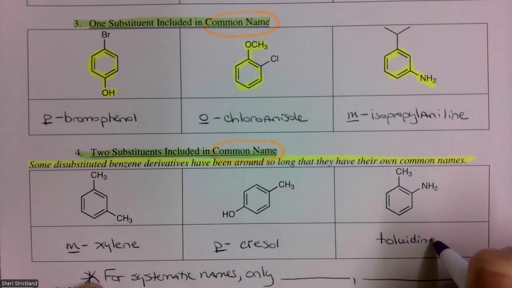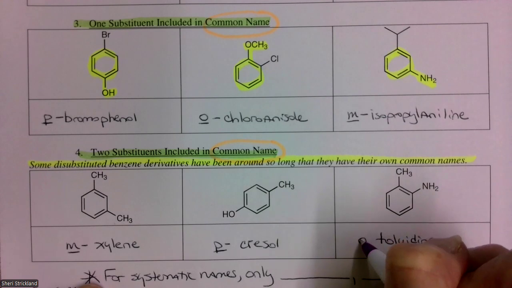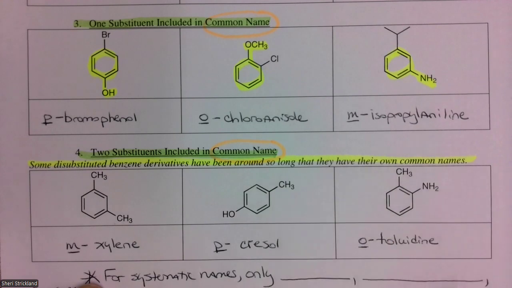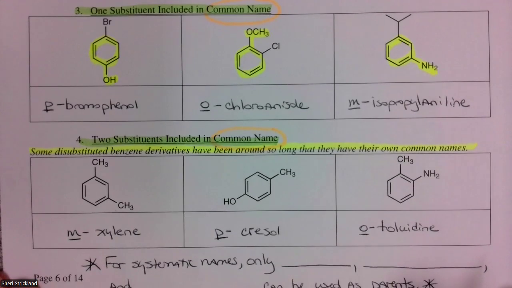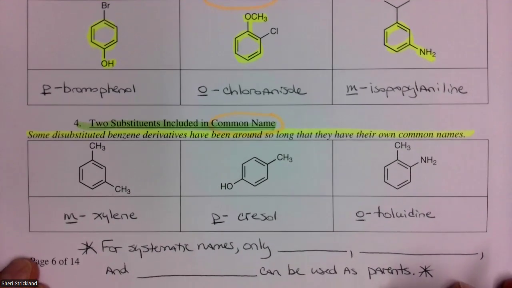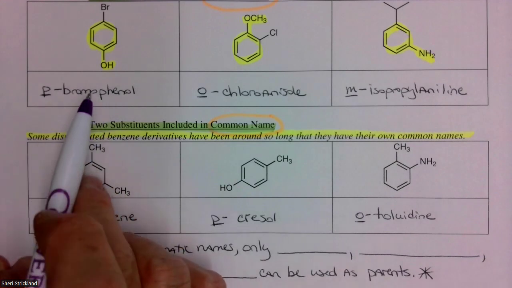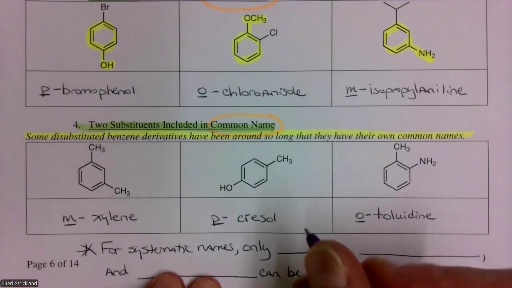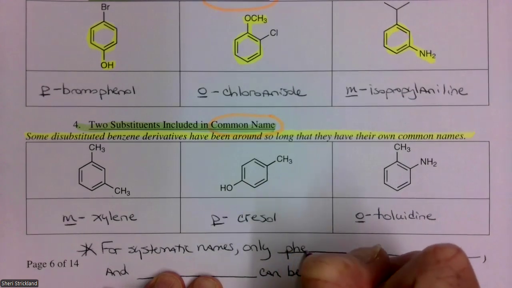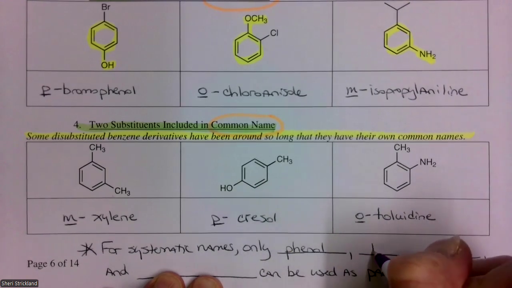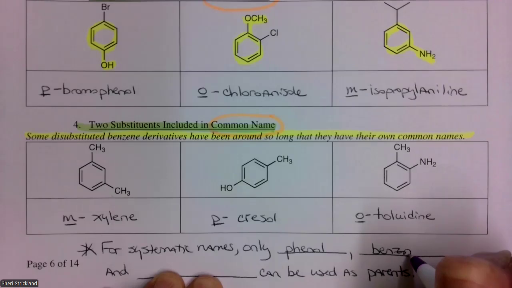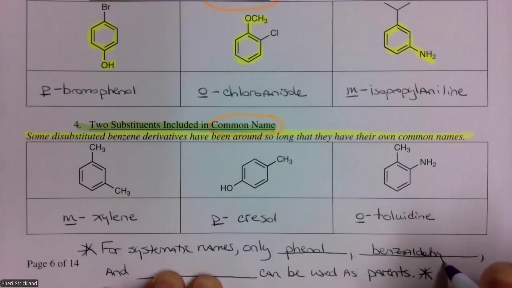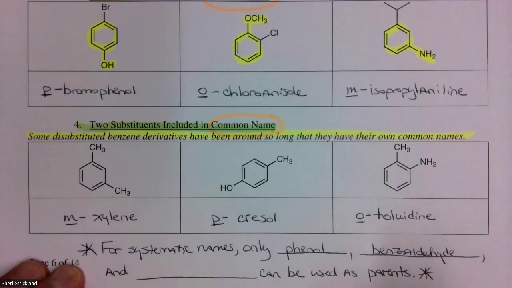Now, these are common names. They do come up some, so I want you to be familiar with them, but you can't use them in systematic names. In fact, the only monosubstituted benzenes that you can use as parents in systematic names are phenol and benzaldehyde and benzoic acid.